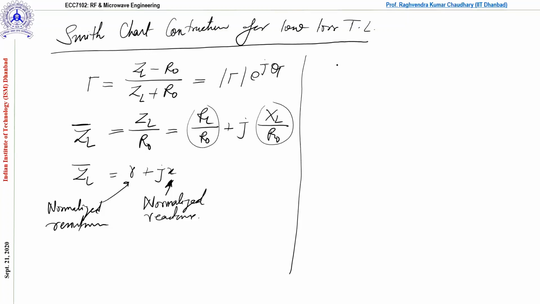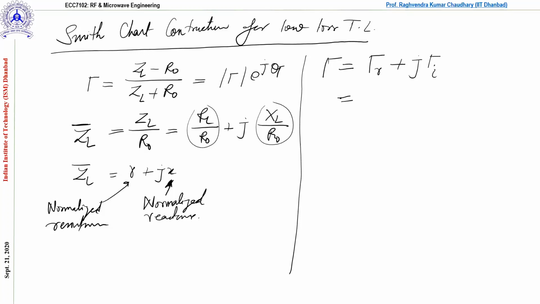Fine. So what we can do next: gamma particularly is a complex quantity, so this could be written as gamma r plus j gamma i. This is a representation, and gamma we already have seen in terms of the impedance.